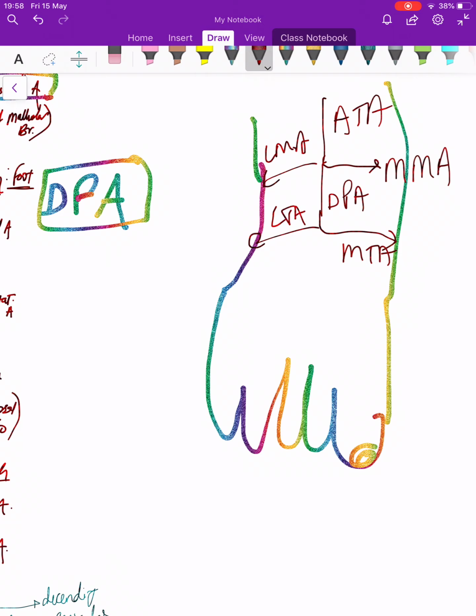All right, then the dorsalis pedis artery will further proceed, and it will give an arcuate artery like this. ठीक है, this is the arcuate artery.